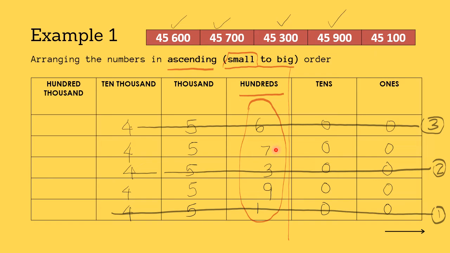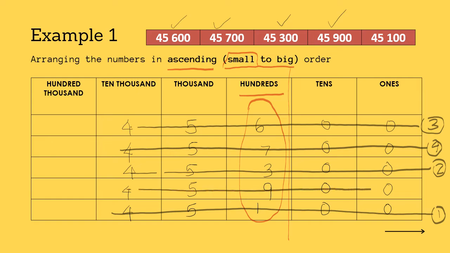Moving on, between 7 and 9, which one is smaller? Obviously, it's 7. So scratch that off from the list. That's number 4. And obviously, the biggest number is this one, 45,900. So that's the last number you are going to write as your answer.